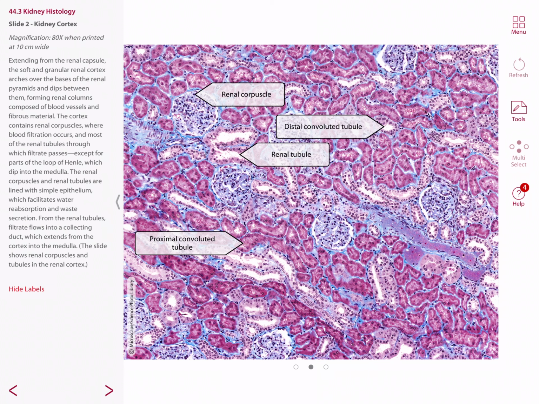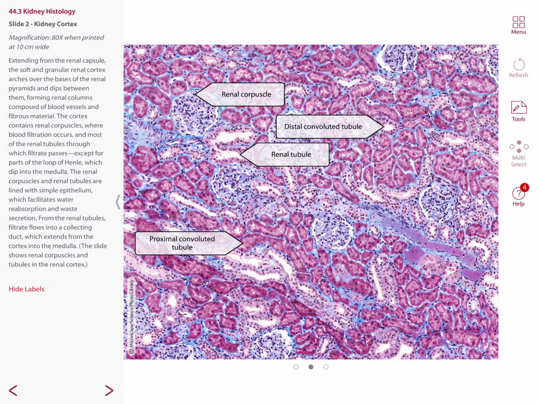So the renal corpuscle, that's where our blood's coming in, and it's going to be filtered. The very first tube, so to speak, that it's going to go through is that proximal convoluted tubule. Now, a lot of times we'll abbreviate that as the PCT. From there, we go through a thing called the loop of Henle, which we don't have visible on this particular slide.